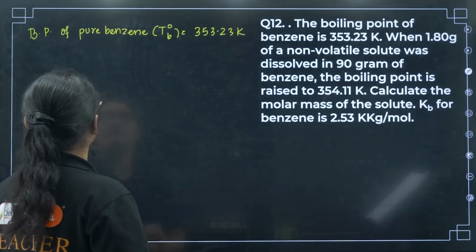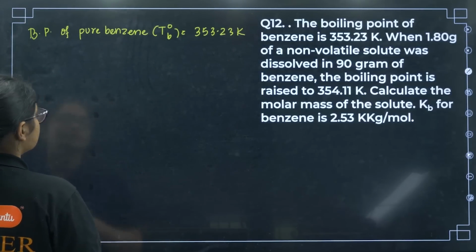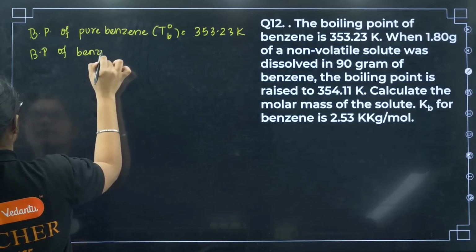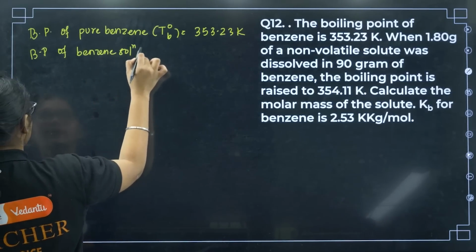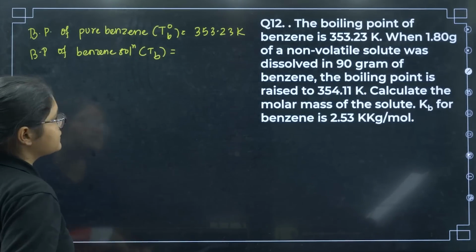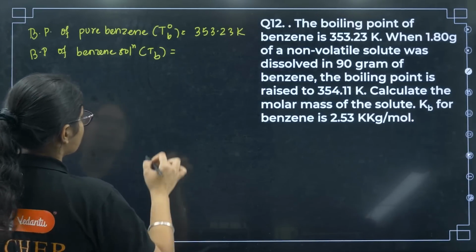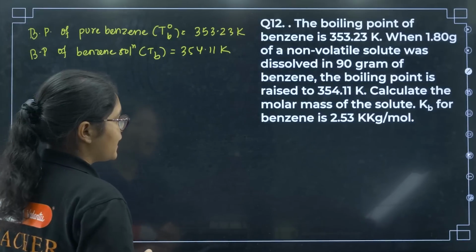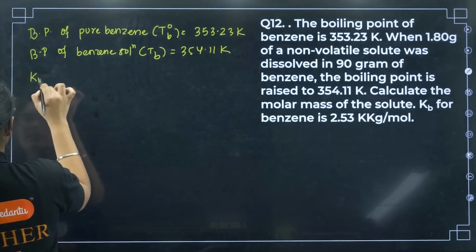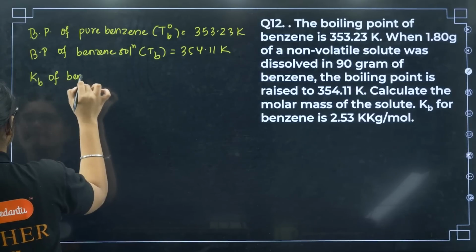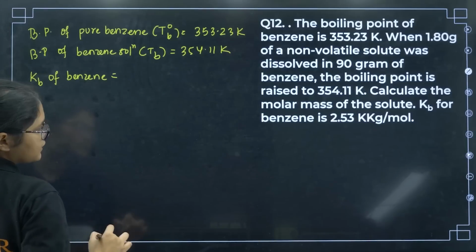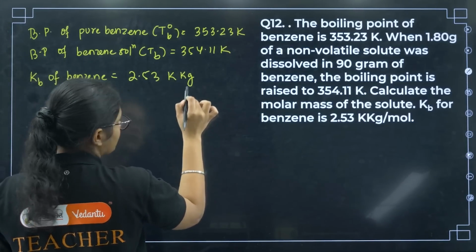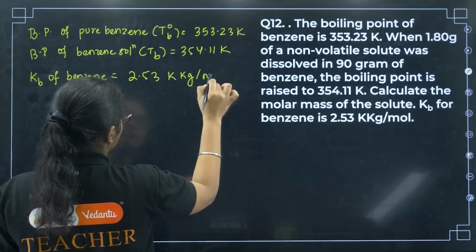Okay, next I have boiling point of benzene solution, denoted as TB, and this is equal to 354.11 Kelvin. Okay, next we have Kb of benzene, which is equal to 2.53 Kelvin kilogram per mole.